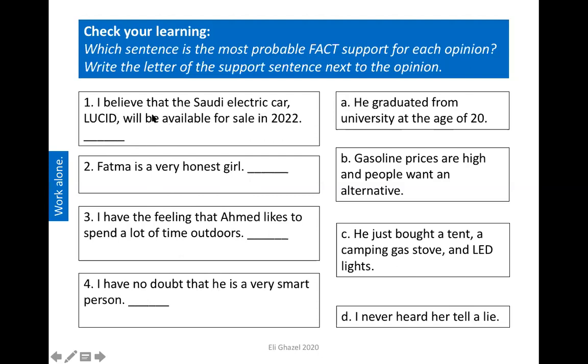So you can put information about the country and the culture, you build it into the system, but you don't state it as fact if you don't know the whole truth. So I really didn't know if it will be available in 2022. That's why I said I believe that it will be in 2022. So this is my opinion. Which of these facts will support my opinion?